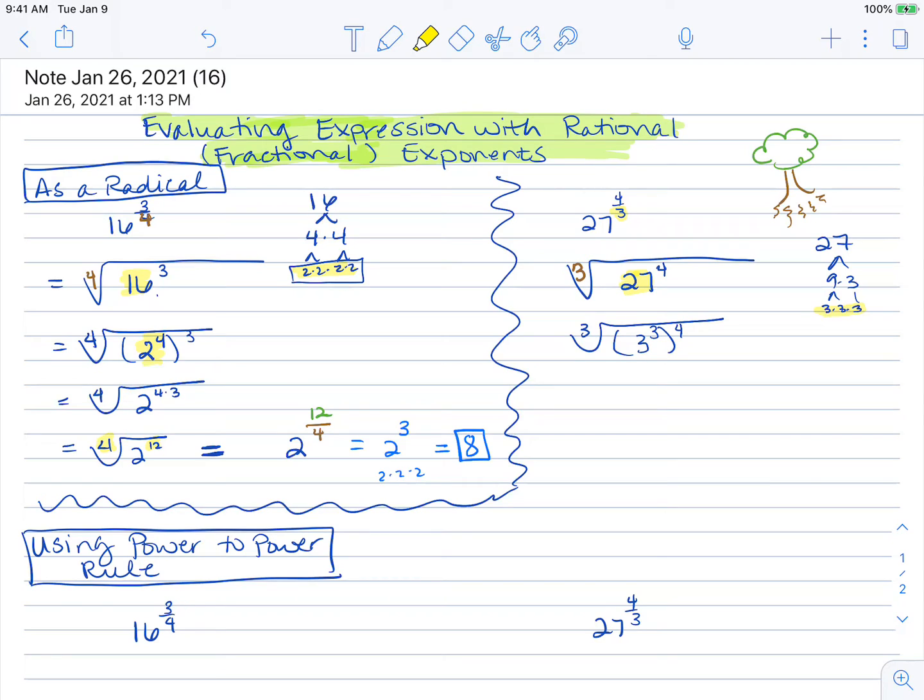Right, that's this guy right here, so my 3 to the 3rd is this stuff right here. And then I can do my power to power rule and say this is the same as saying 3 to the 3 times 4, which is 3 to the 12th.